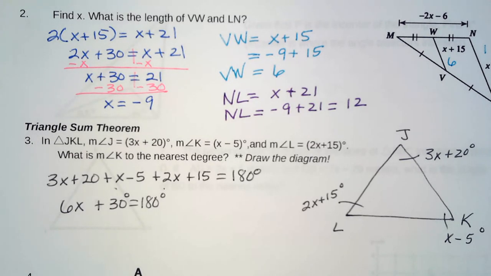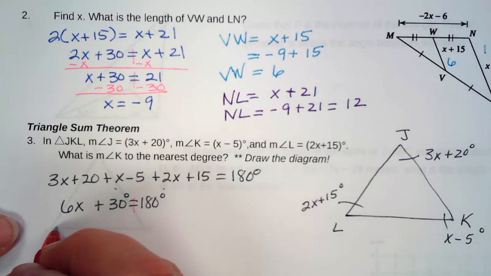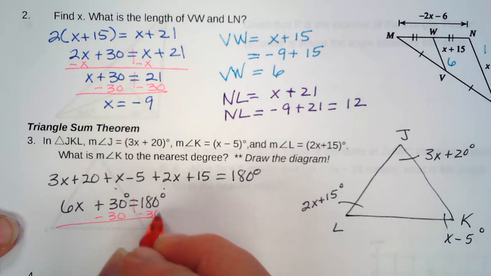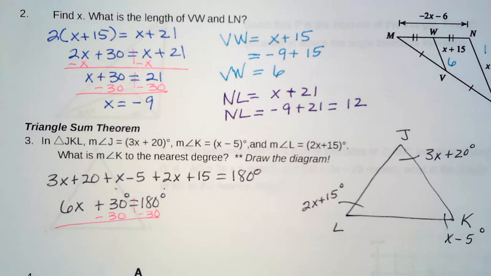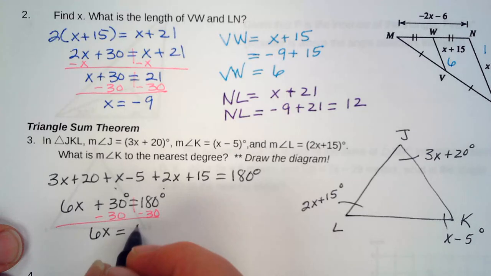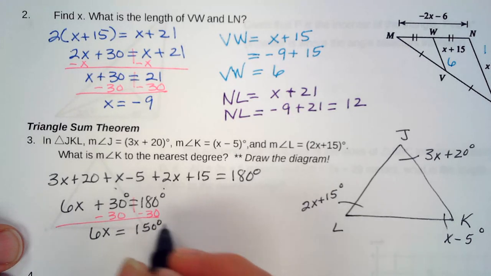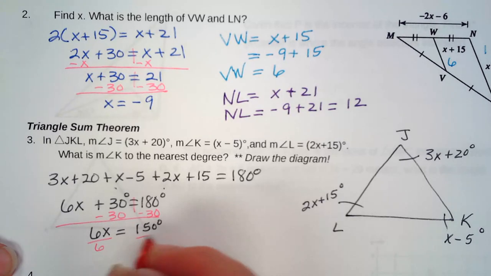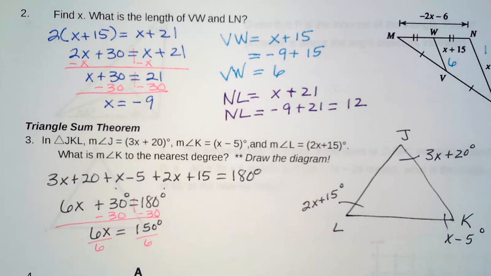Subtract 30 from both sides. Six x is equal to 150 degrees. Divide by 6. If I've got $1.50 and I'm going to divide it 6 ways, what do I have? I've got a quarter.